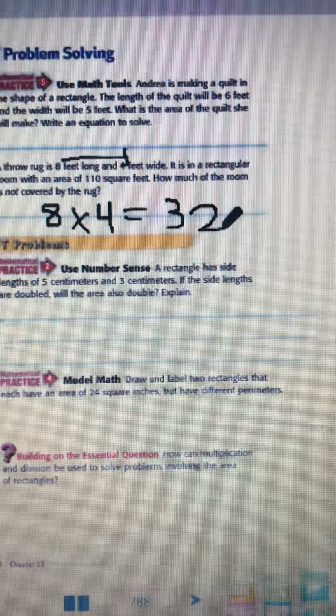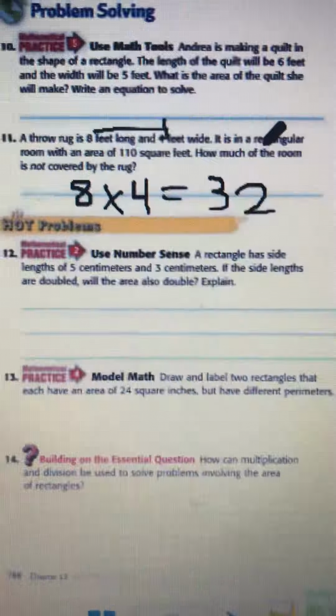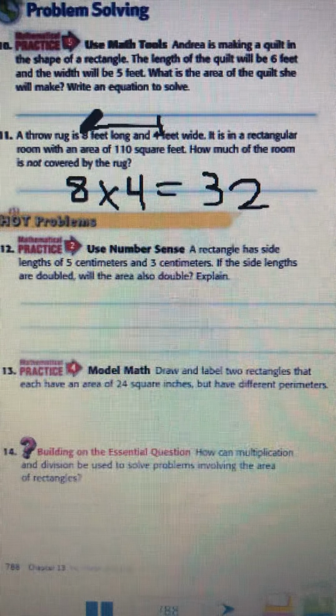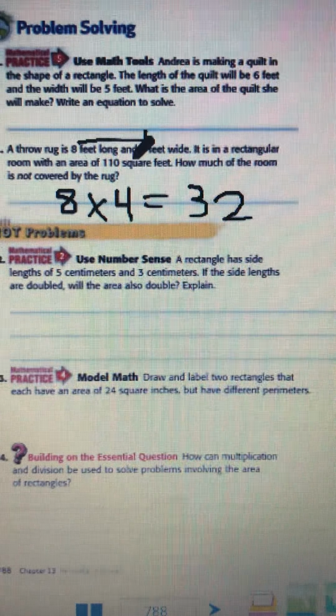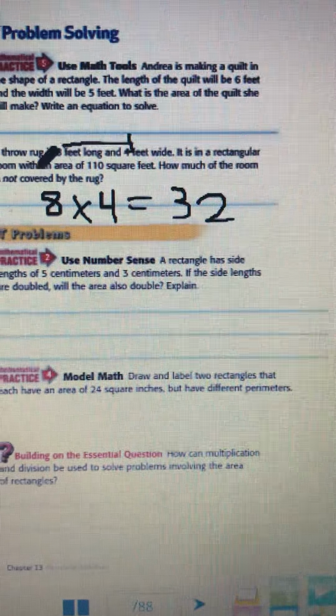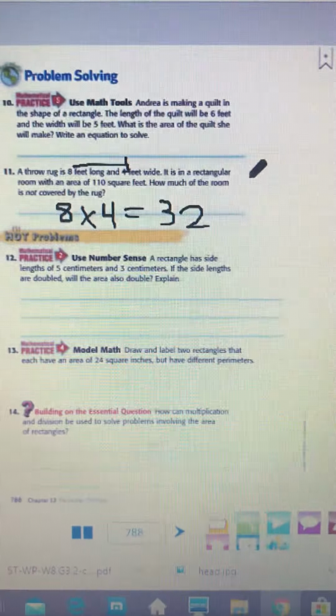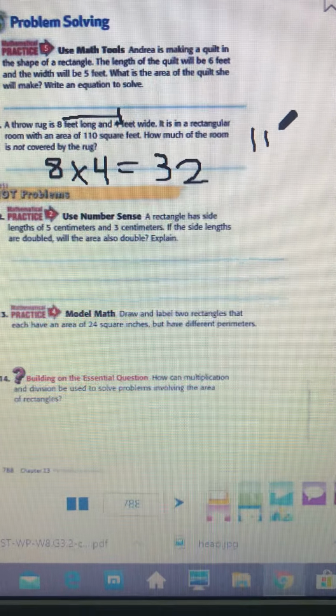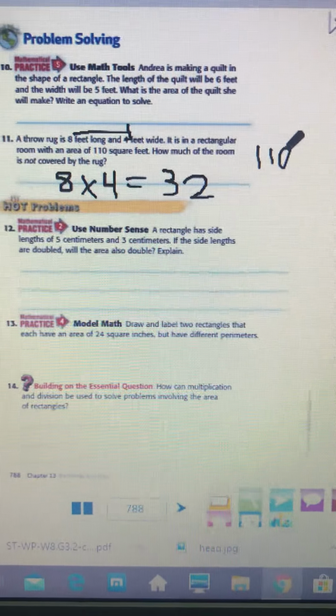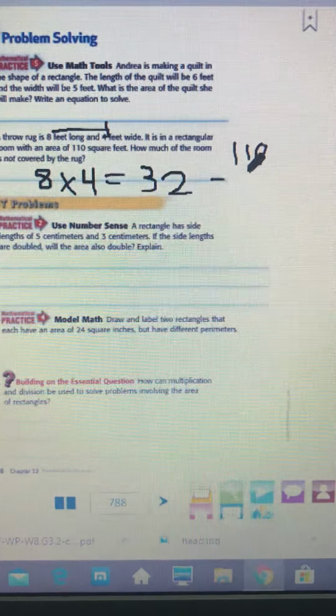That's good. But they said that it is in a rectangular room with an area of 110 square feet. How much of the room is not covered by the rug? So after that, we will write 110 minus the area that we got, which is 32.